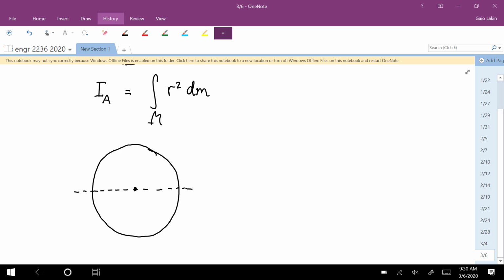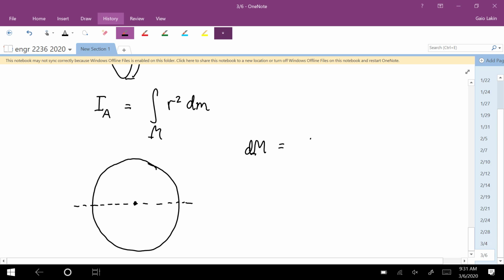Okay, so first, let's again express everything in terms of area instead of mass. And we can do that the same way. dm is equal to the total mass over the total area times dA.